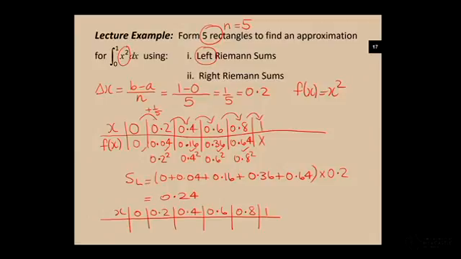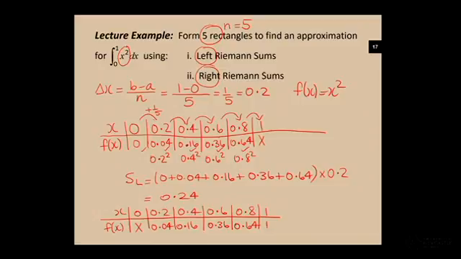What changes when you go to do the right sums? What changes? You don't include this guy here, so everything else stays the same. So you can use the same set of values. Obviously they are the same set of values. There's just one new guy, 1 squared, which is 1.